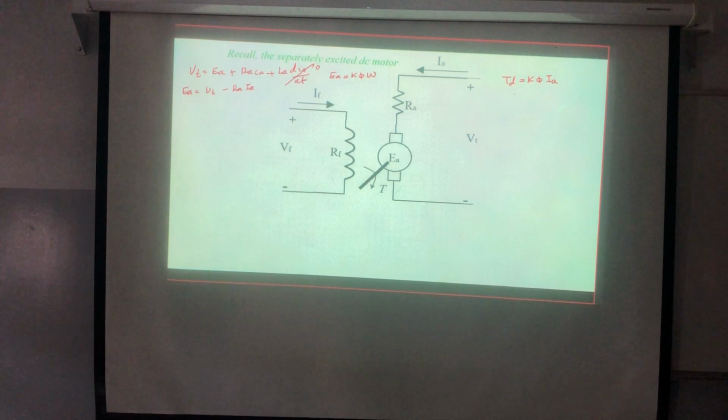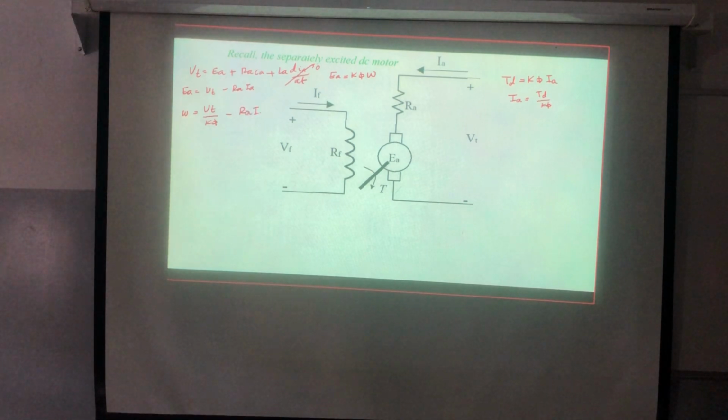So I can write IA equal to TD over K phi. Now, if I plug this in here, I will get omega equal to VT over K phi minus RA IA over K phi.